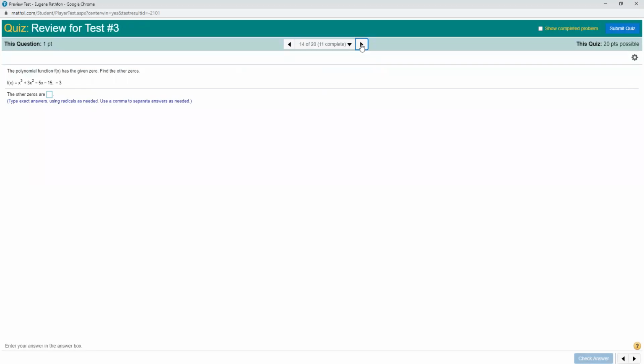All right, so this is some synthetic division. They're giving me f of x equals x to the 3rd plus 3x squared minus 5x minus 15, and they're giving me a zero, which is that negative 3. So let's go work this.